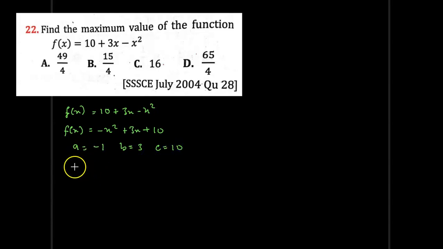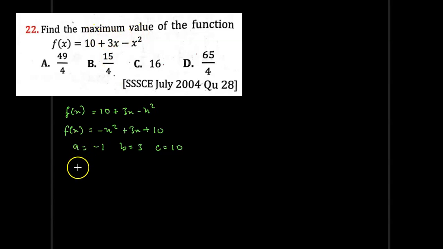And that leads me to determining the maximum. This time, maximum for the fact that the coefficient of x squared is a negative number, or a number less than 0. And therefore, that is why we are having a maximum value and not a minimum value.